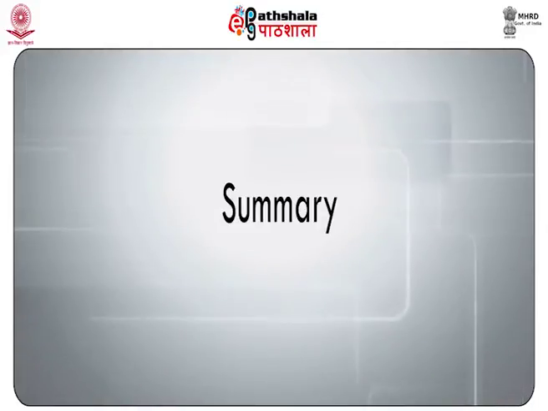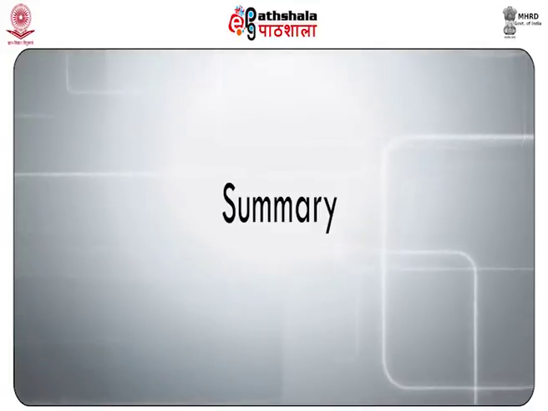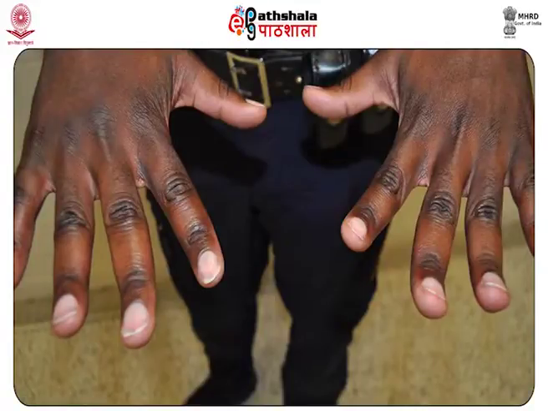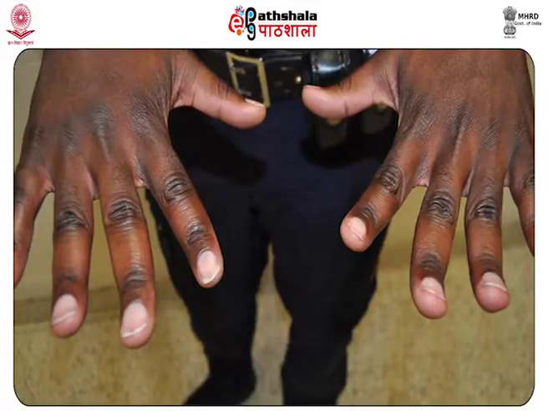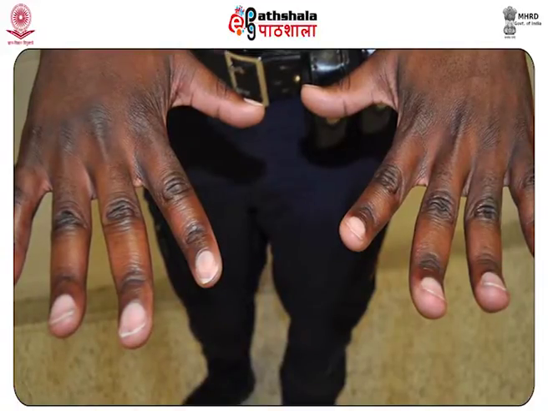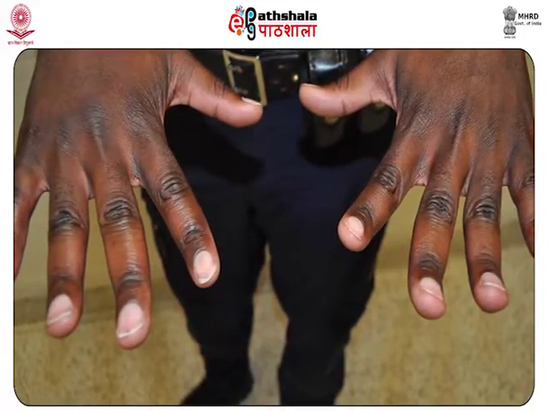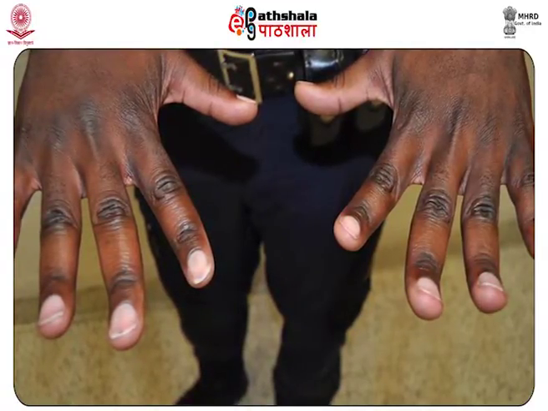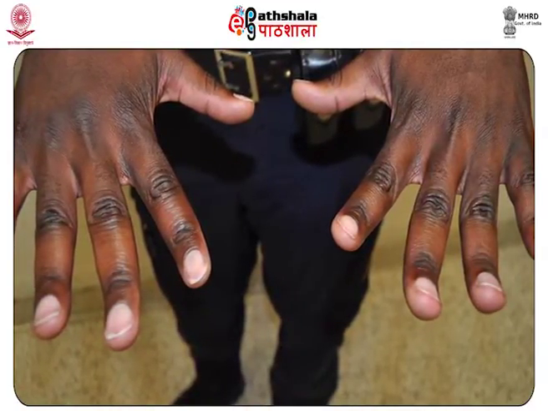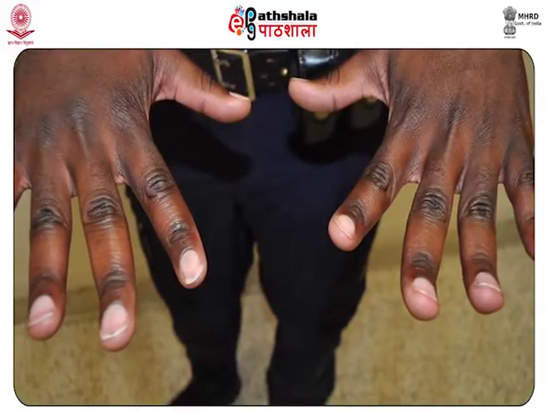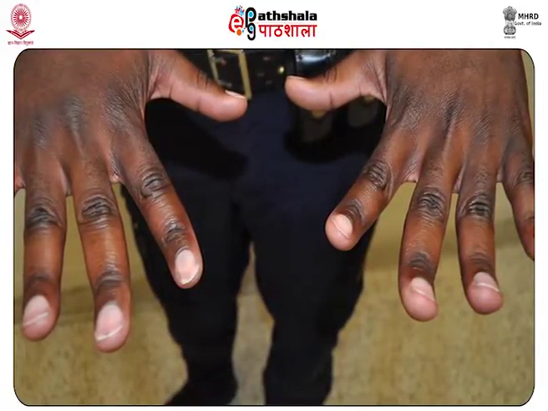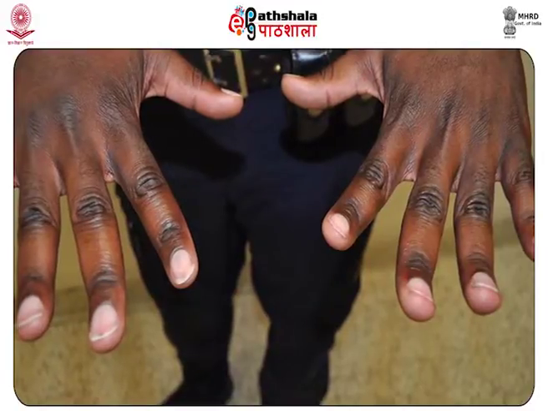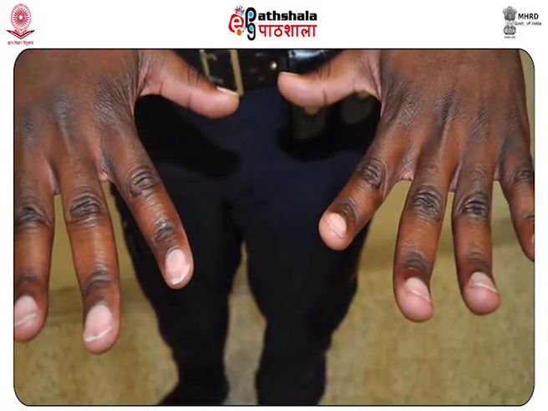Dear students, now let me summarize this chapter for you. In this chapter, I have told you about the GSR, and we have come to know that GSR is produced due to burning of powder, rubbing of the bullet with barrel parts, and explosion of priming compounds.